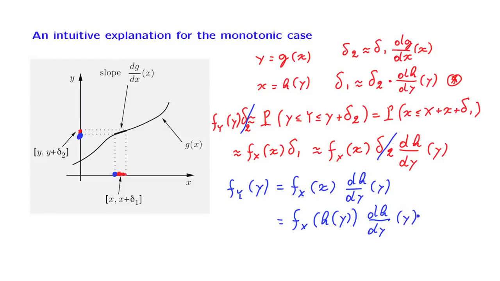And this is just the same formula as the one that we had derived earlier using CDFs. This derivation is quite intuitive. It associates probabilities of small intervals on the x-axis to probabilities of corresponding small intervals on the y-axis. These two probabilities have to be equal, and this implies a certain relation between the two PDFs.